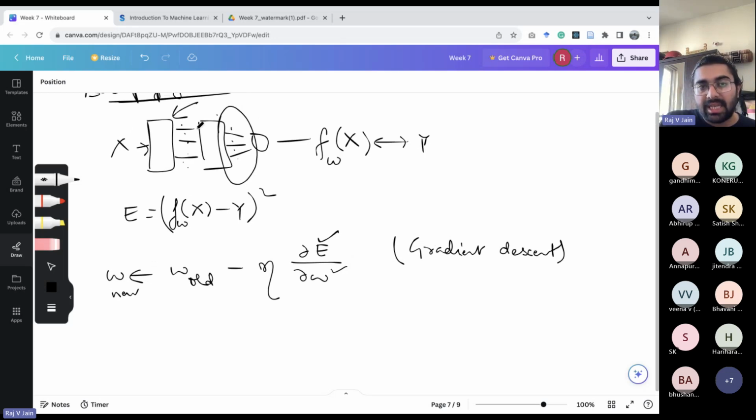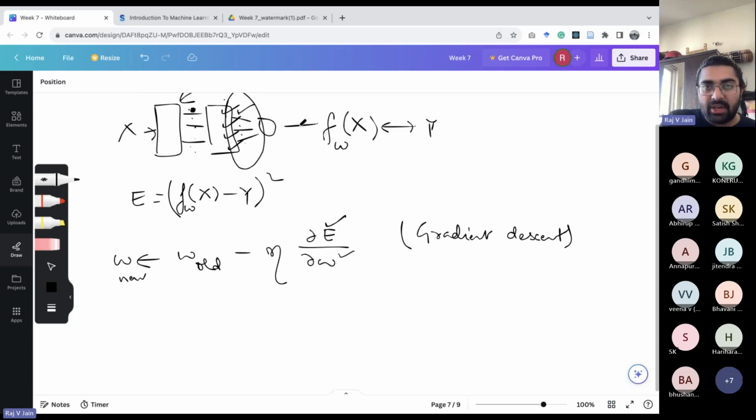Rather, what we do is we try to look at the effect of this particular weight on the output throughout all the other nodes, right? Because this weight affects the output of this node, this node, this node, all these nodes, and therefore affects this output in a much more complex way.